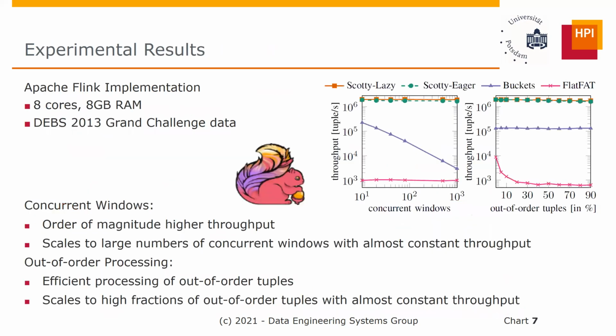This is compared to a basic setup, the buckets approach, which is something that you would do in Flink. You can get up to 3 orders of magnitude speed improvement or performance improvement. And this doesn't only work for sliding windows, it also works for session windows, which are even more complex.